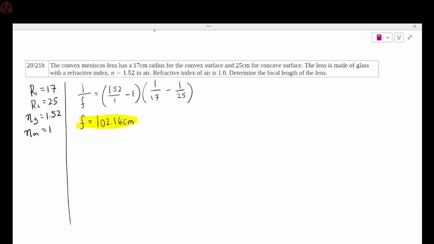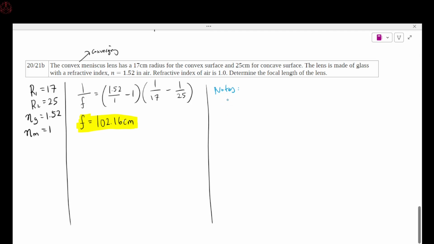Now I just want to mention something about this convex meniscus. In general your convex meniscus is going to be a converging lens. This is for notes, so it's always good to have small notes as you study.